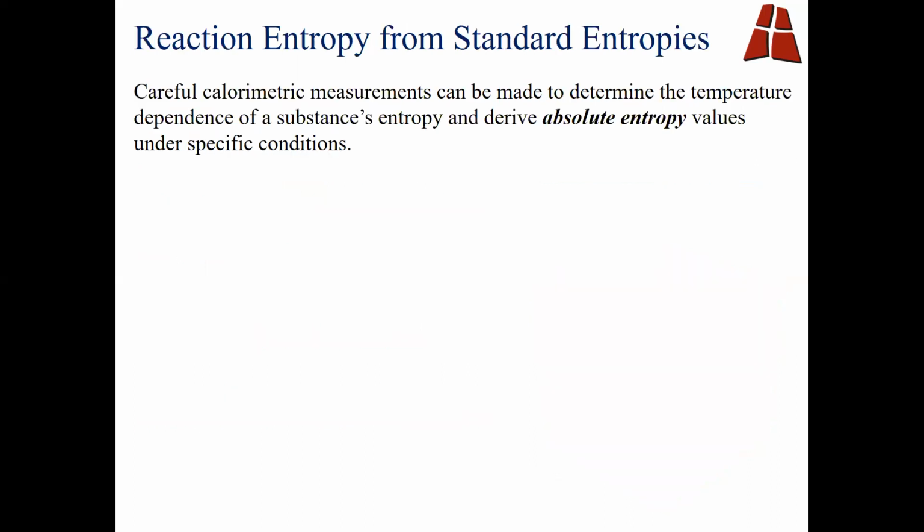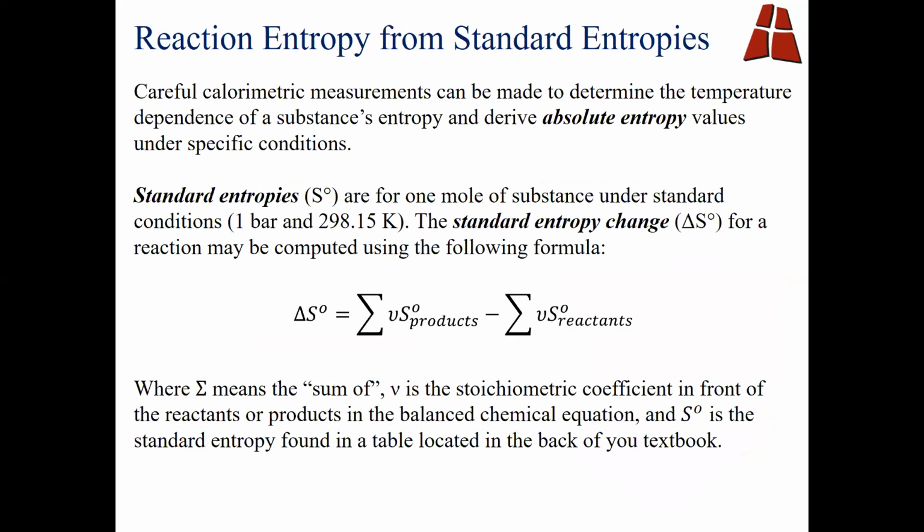Okay. So within that, because we can have an absolute 0, we can also derive and determine absolute entropy values under specific conditions. And so this is a property we call standard entropies. And what that means is that all of these are for 1 mole of substance under standard conditions, which is 1 bar of pressure at 298.15 Kelvin or 25 degrees Celsius.